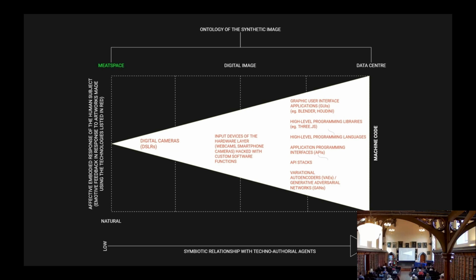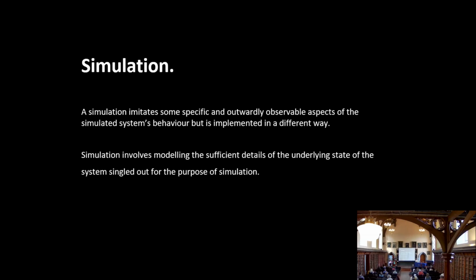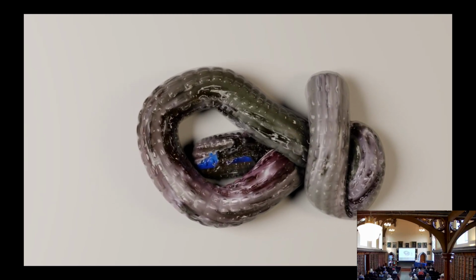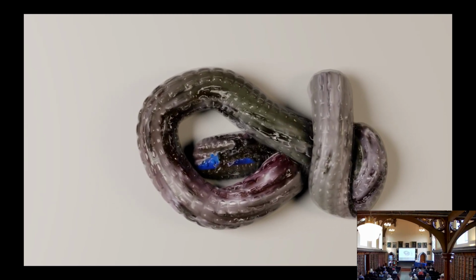I've grouped these artworks into three categories that echo early explorations into how artificial intelligence was modelled and tested: simulation, emulation, and reenactment. Within these sections, I've made these animations that I call worm animations.